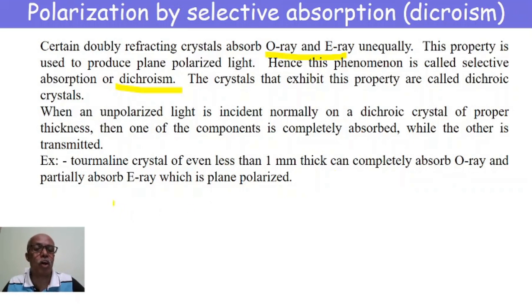For example, a tourmaline crystal of around 1 millimeter thickness can completely absorb the ordinary ray and partially absorb the extraordinary ray, whereas it allows the remaining extraordinary ray to pass through.